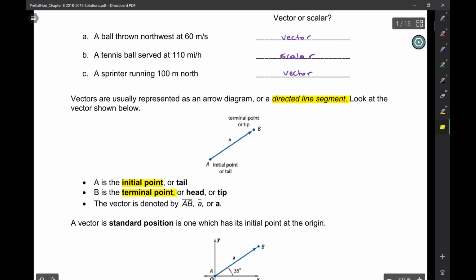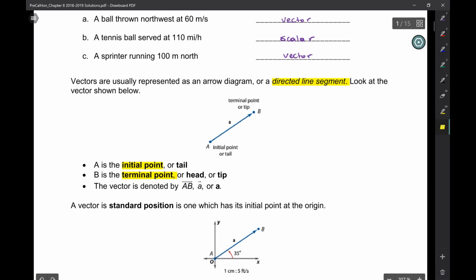And so this vector will be called vector AB, not BA, because that will go in a different direction. You could also give it a lowercase letter name, one letter. So vector a, vector b, vector c. It has nothing to do with the initial and final points. So if the initial and terminal points were A and B, you could call it little d. It doesn't matter. Or little v. It really doesn't matter.